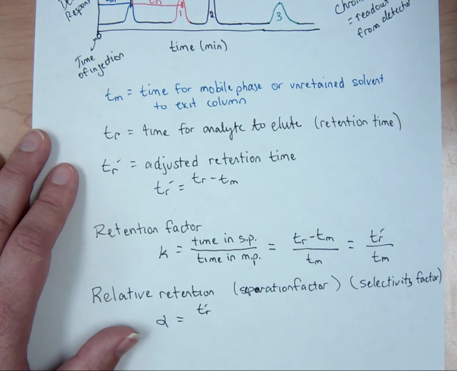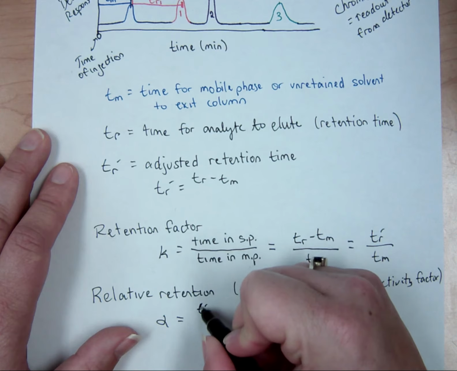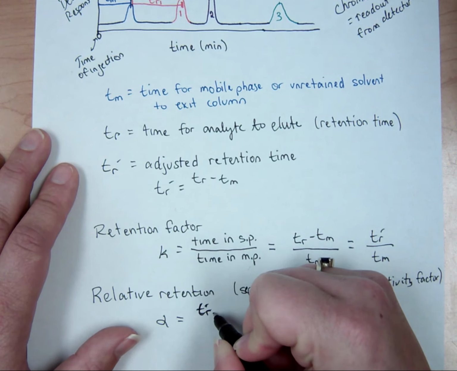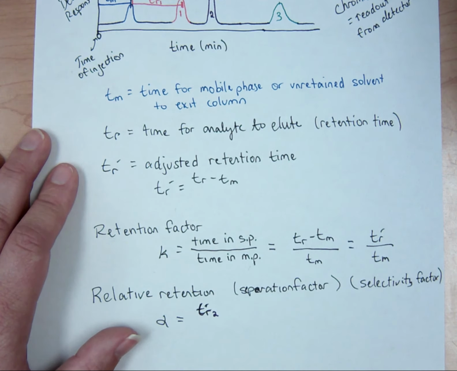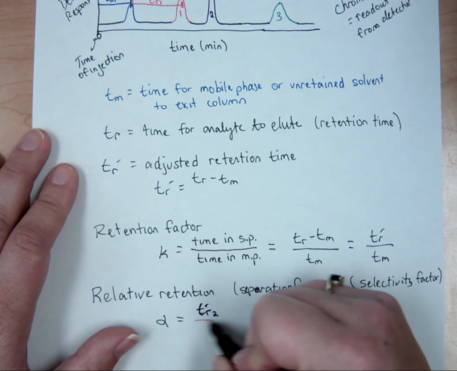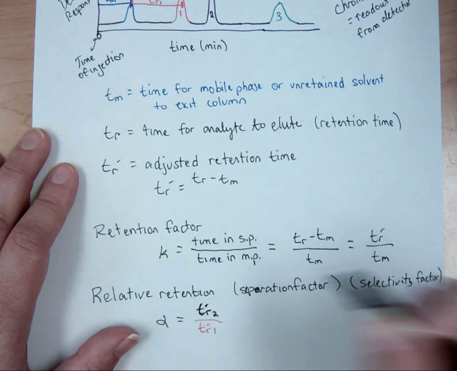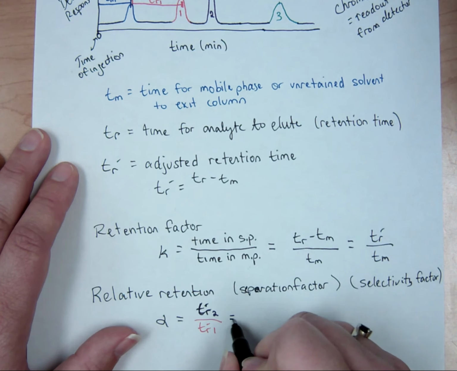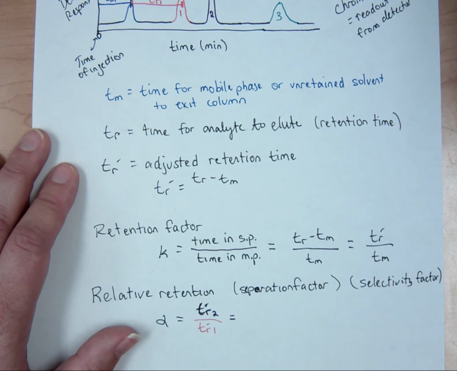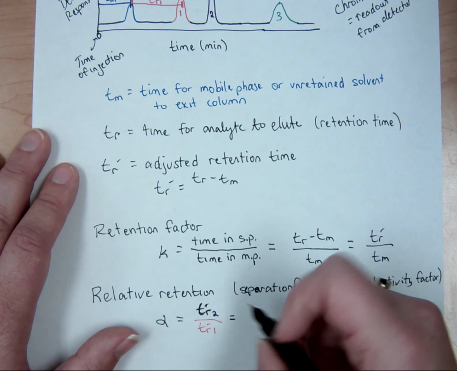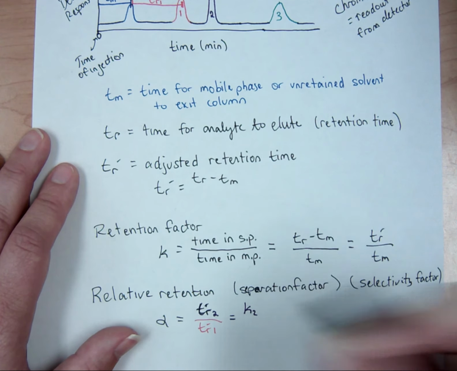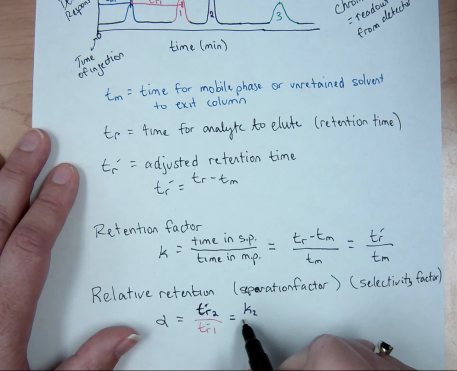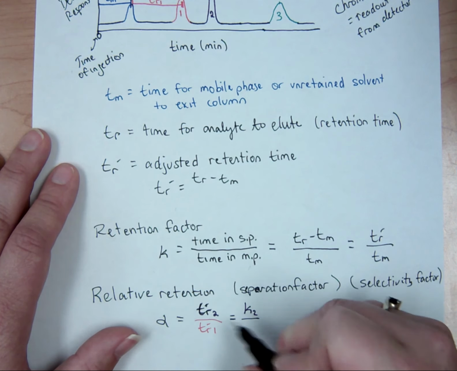So I should do this with the purple for TR prime 2 over TR prime 1. Okay. We could also write this in terms of the retention factors. So you could write this with K2 over K1.